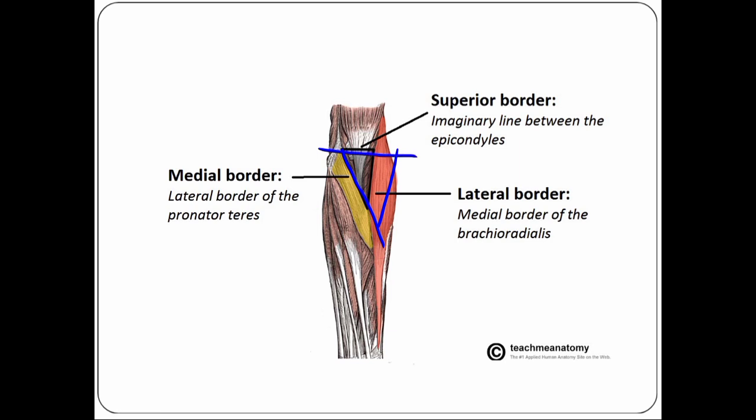Its floor is formed by two muscles, the lateral muscle, which is the supinator muscle, while the medial muscle is the brachialis muscle. These two muscles together form the floor of the cubital fossa, while its roof consists of skin and fascia covering this whole cubital fossa.